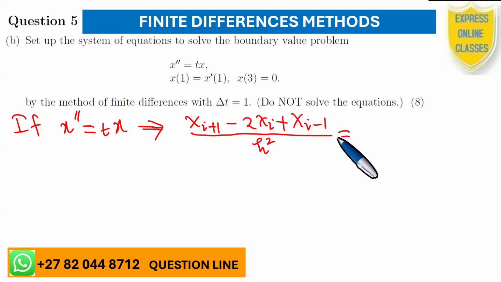So now you'd have t sub i, x sub i, according to this.